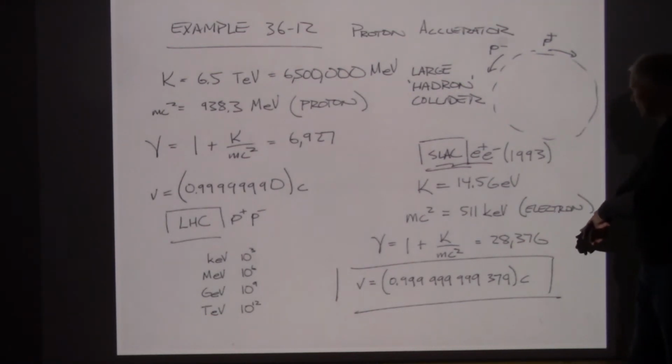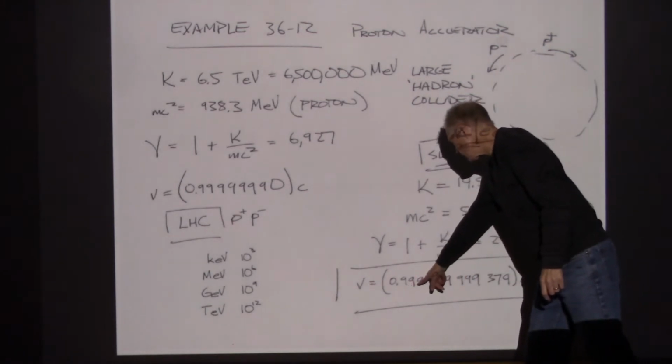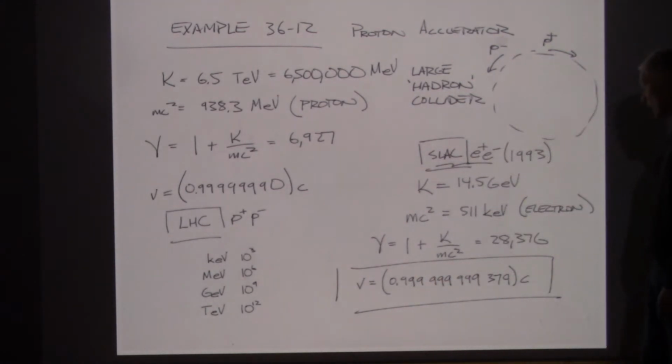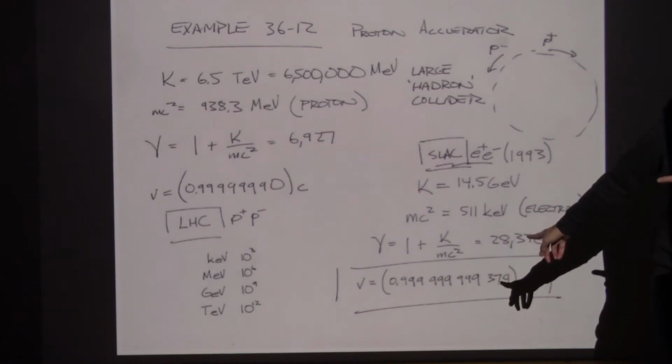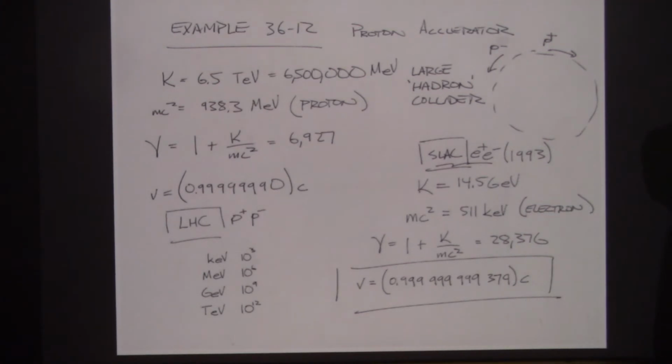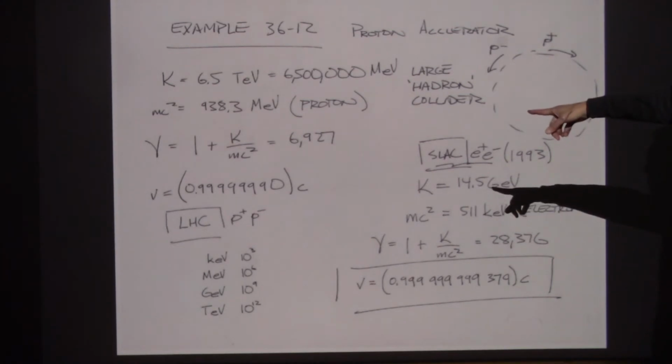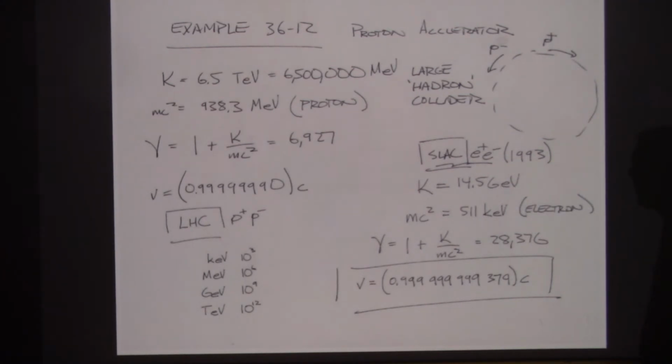And so our electrons were traveling at 0.99999999379 times c. Our electrons from that experiment in 1993 were faster than the current highest energy protons are at the highest energy collider in the world.